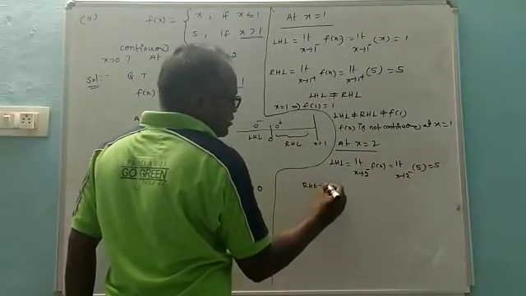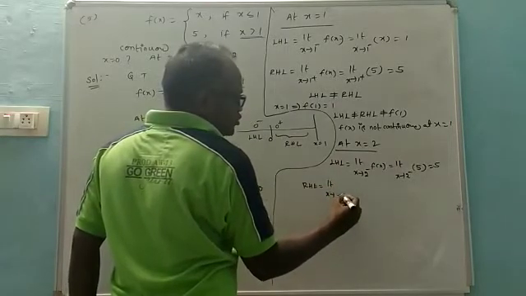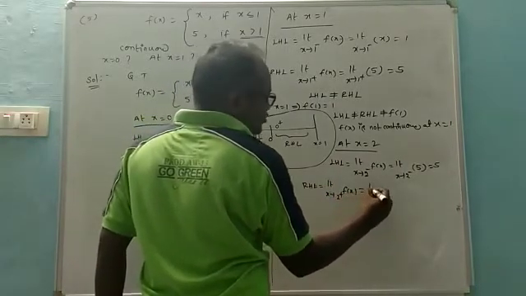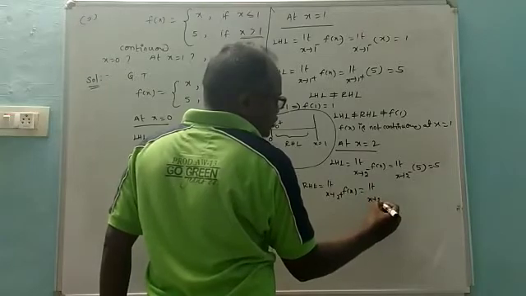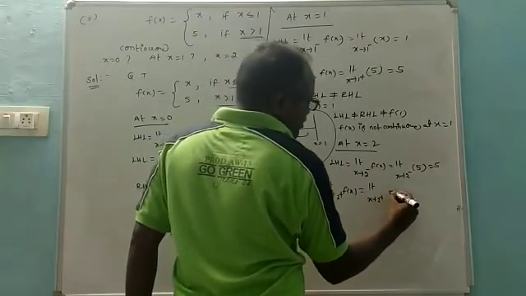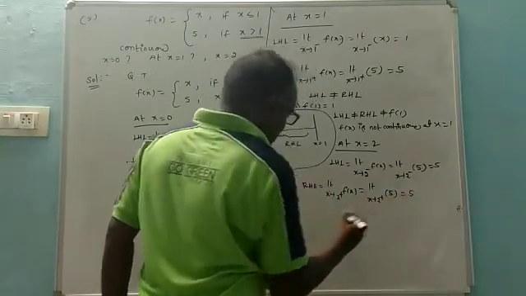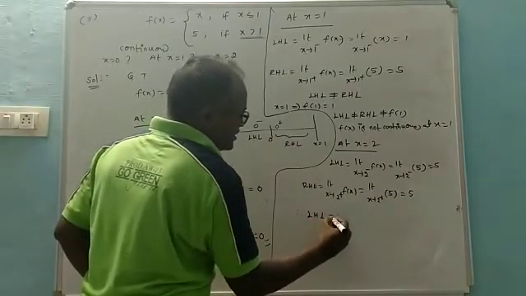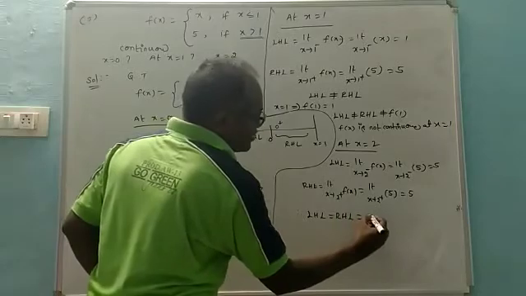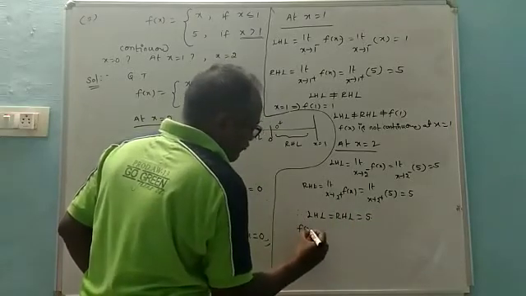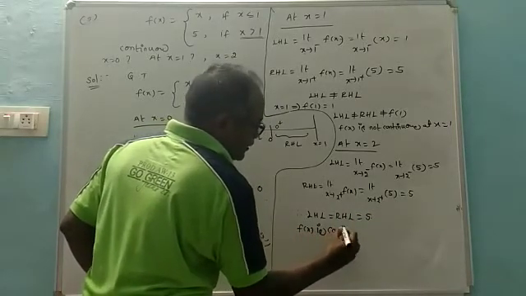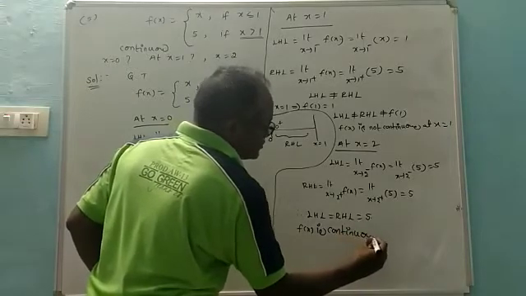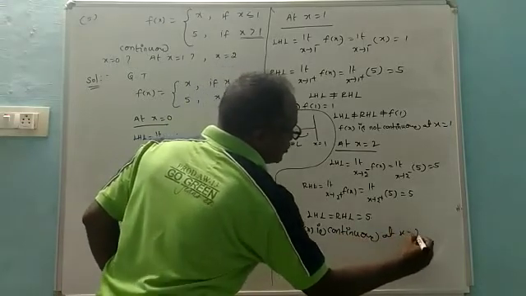Right hand limit is equal to limit x tends to 2 plus f of x, that is 5 only. Therefore, left hand limit is equal to right hand limit is equal to 5. Therefore, f of x is continuous at x is equal to 2.